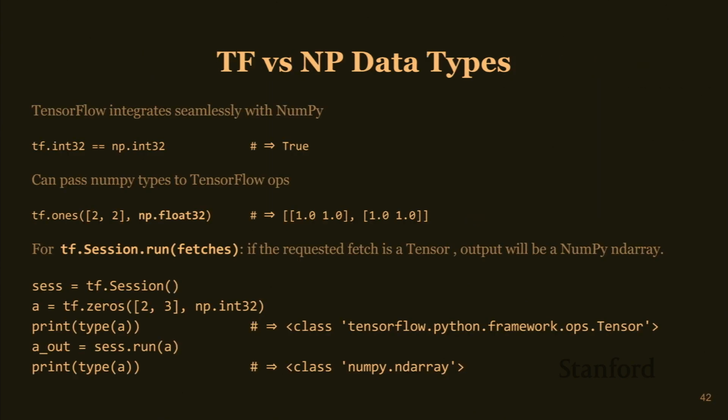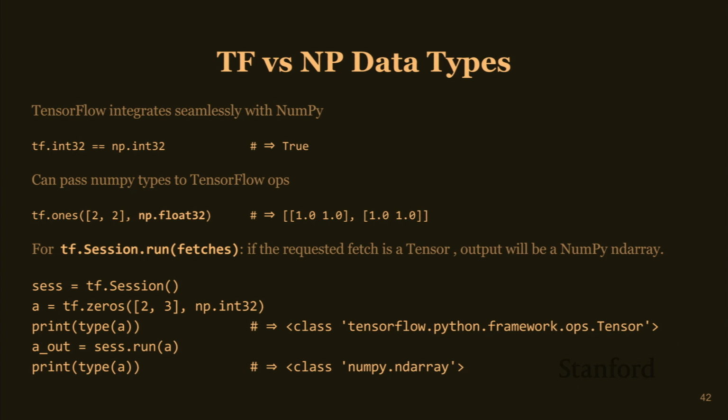You probably notice that there's a lot of similarity between TensorFlow and NumPy, and actually TensorFlow was designed to integrate seamlessly with NumPy because NumPy, after all, is the lingua franca of data science. The TensorFlow types and NumPy types are interchangeable. For example, when you print out tf.int32, it's the same as np.int32. If you compare them for equality, it returns true.